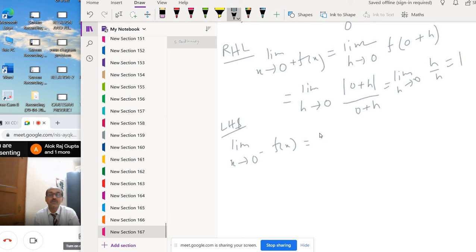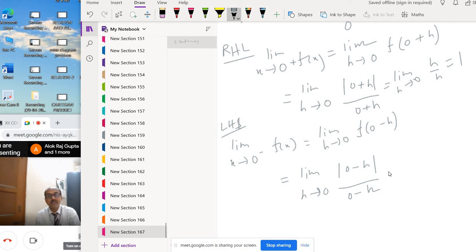So f(x) equals limit h tends to 0, f of 0 minus h, because for the left hand limit it is minus. So equal to limit h tends to 0, mod of 0 minus h, x means 0 minus h, and divided by 0 minus h.